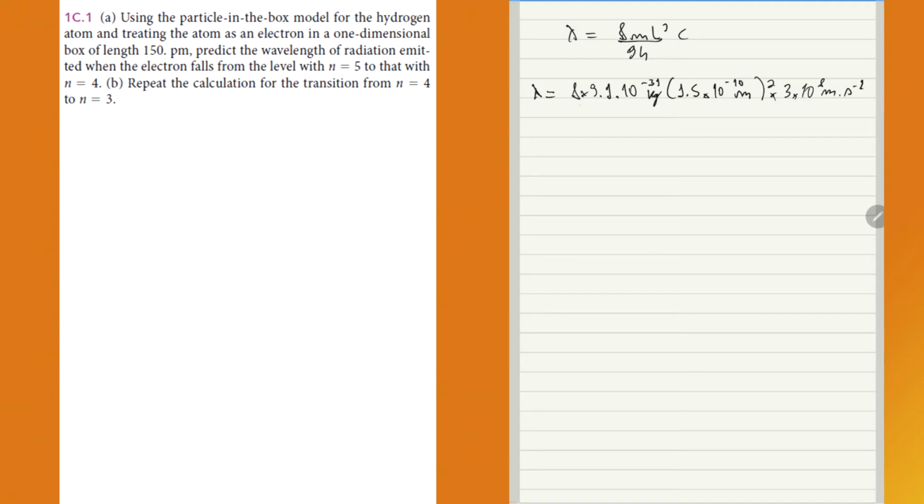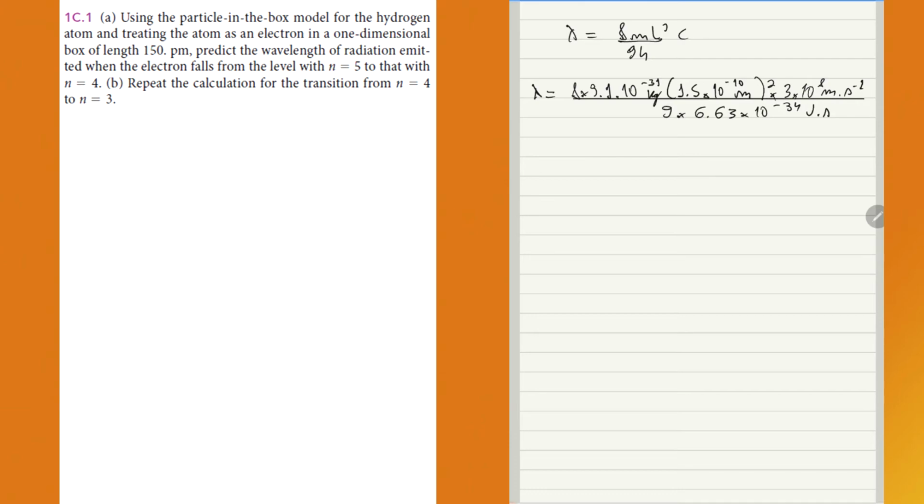Everything over 9 times the Planck constant, which is 6.63 times 10 to the negative 34 joule seconds.